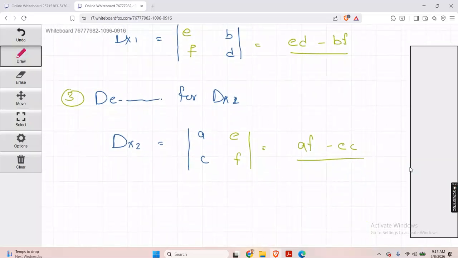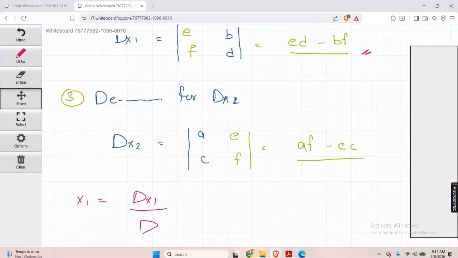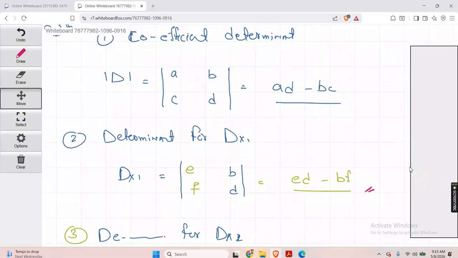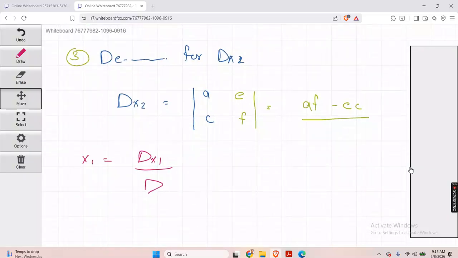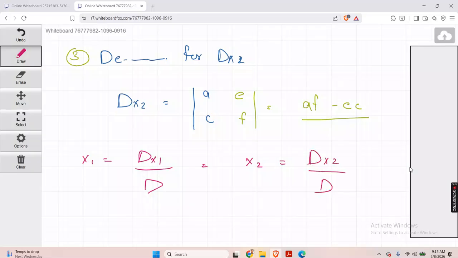And then to find x1, you will say x1 is equal to dx1, this is your dx1, divided by D, this value you got from the main determinant. So you will divide and you will get the answer. Same for x2, dx2 by D, so you will get the answers for x1, x2.